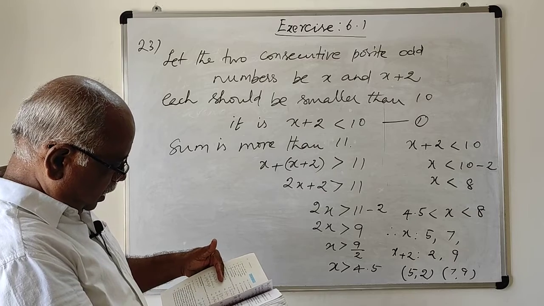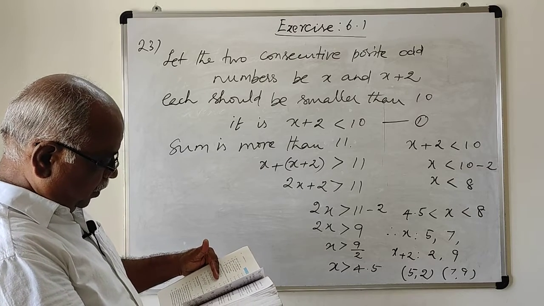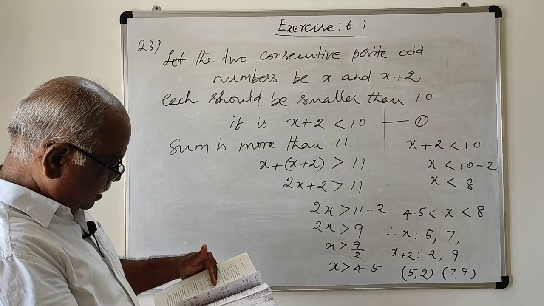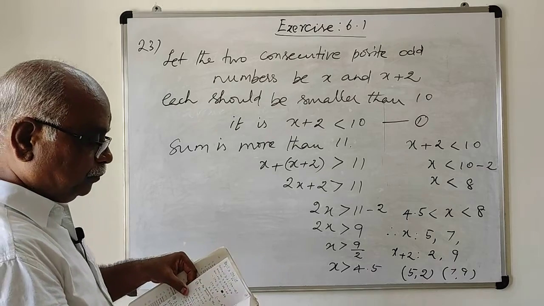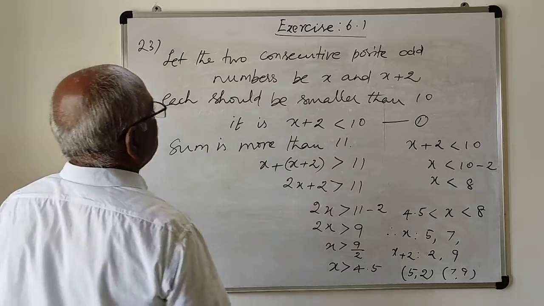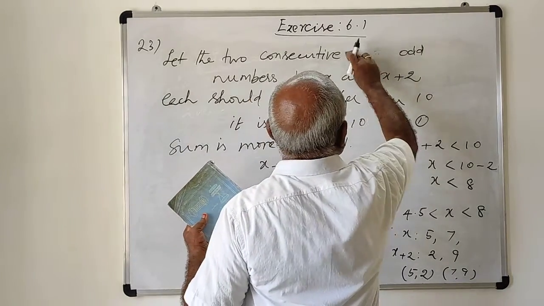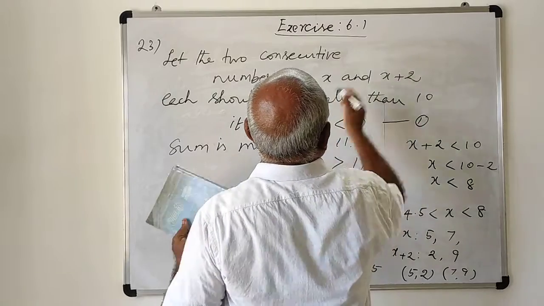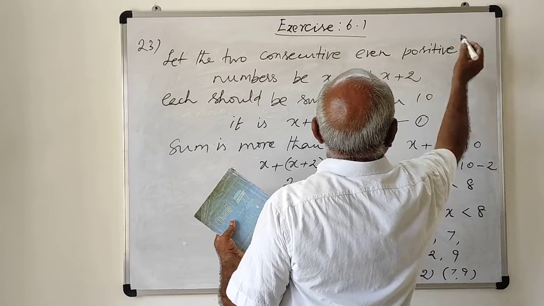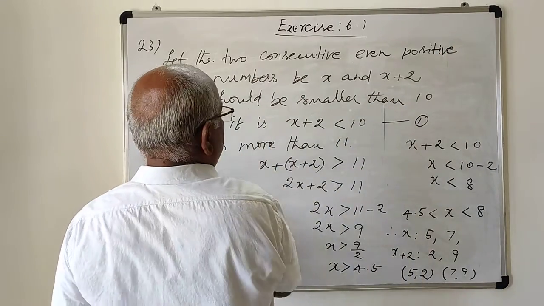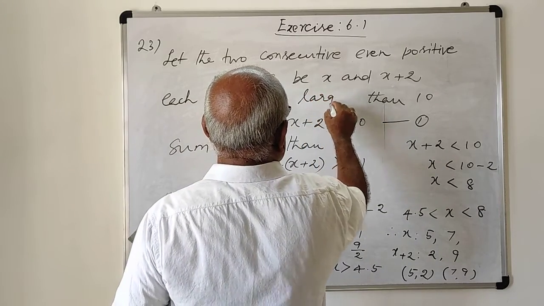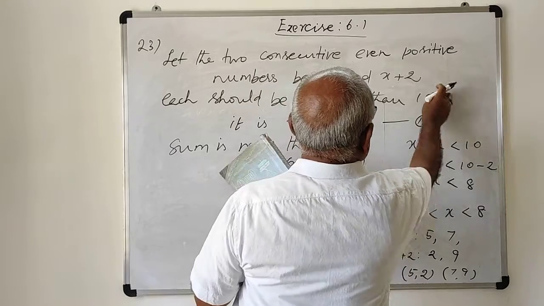Similarly, find all the consecutive pairs of even positive numbers, both larger than 5, and the sum is less than 23. Two consecutive even positive numbers x and x plus 2, each should be larger than 5.